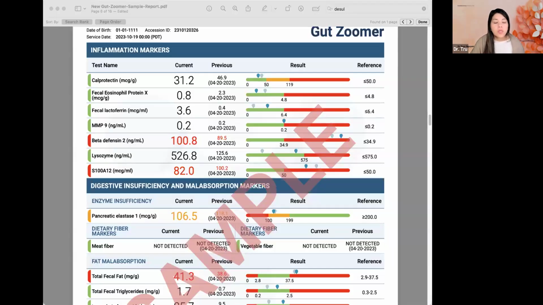Okay, so we're going to first look at the inflammation markers. Now, the innate immune system of the gut plays a very important role in maintaining a fine balance between commensal bacteria, which is the bacteria that's supposed to live in our gut, in our ecosystem, and the immune system responding to potential pathogens, meaning organisms that can cause disease and inflammation.